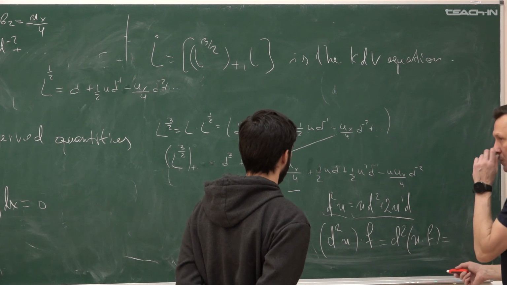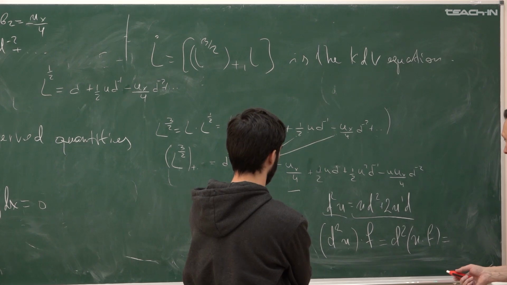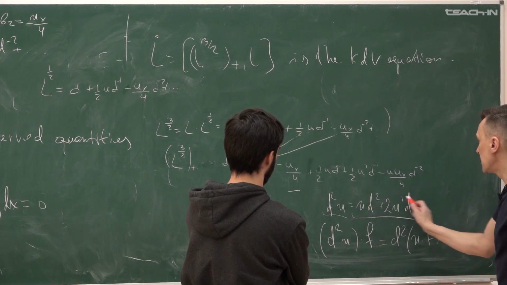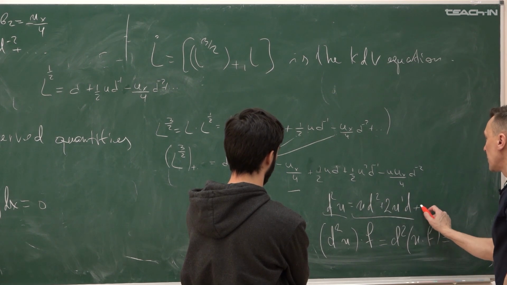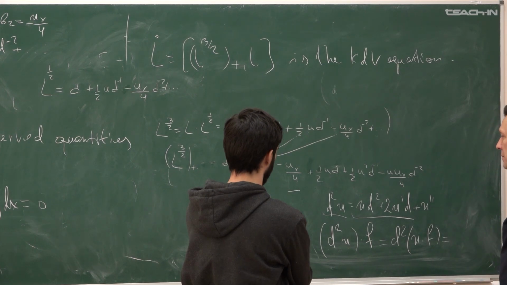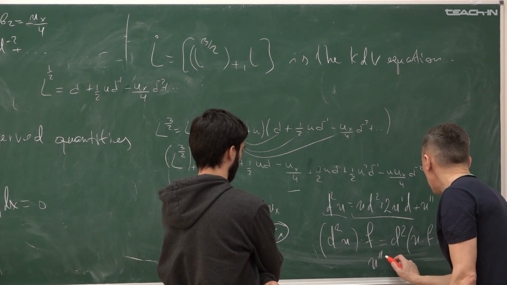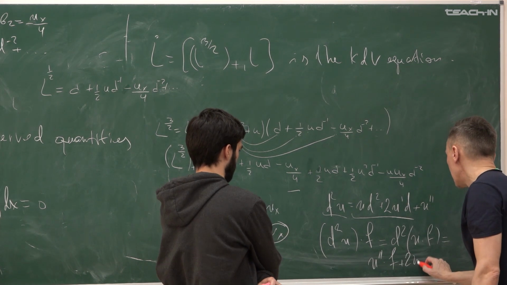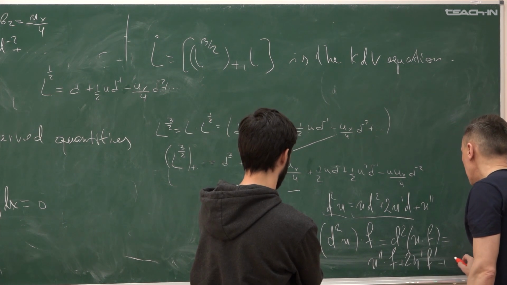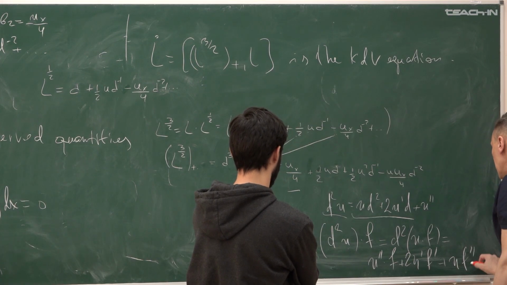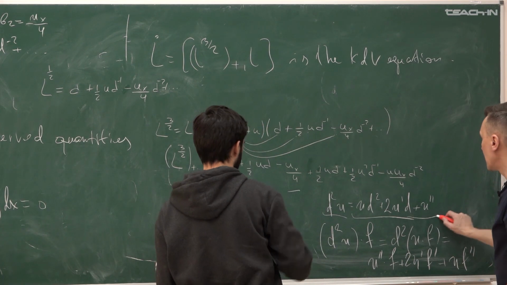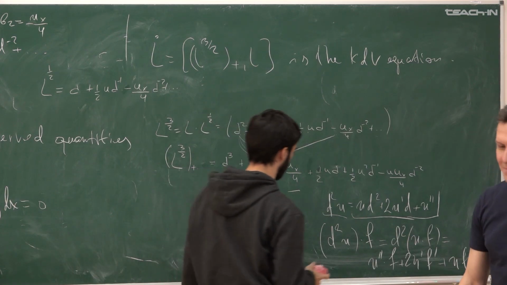And this is differentiated by parts. We forgot plus u prime. So this is u double prime f plus 2 u prime f prime plus u f double prime. Yeah, okay. So it was my mistake.